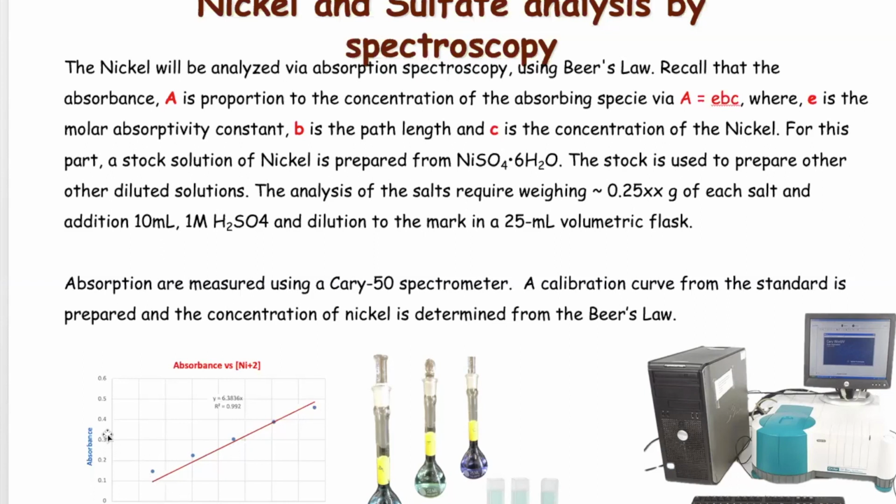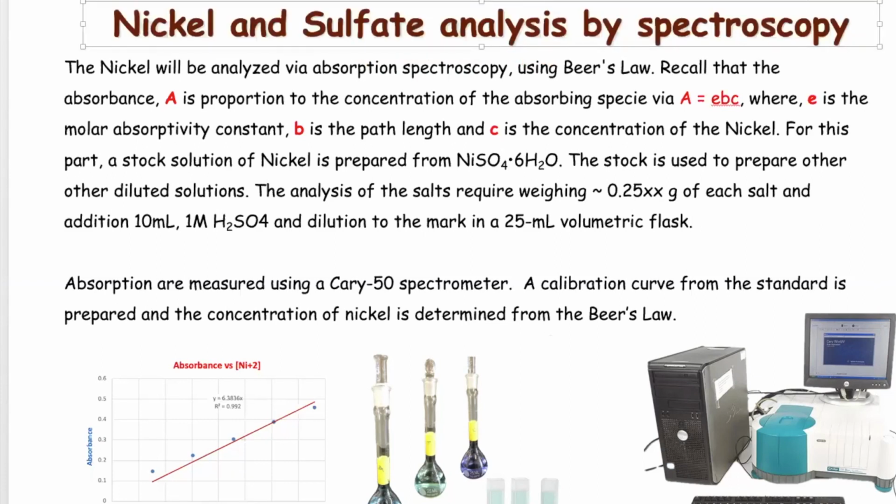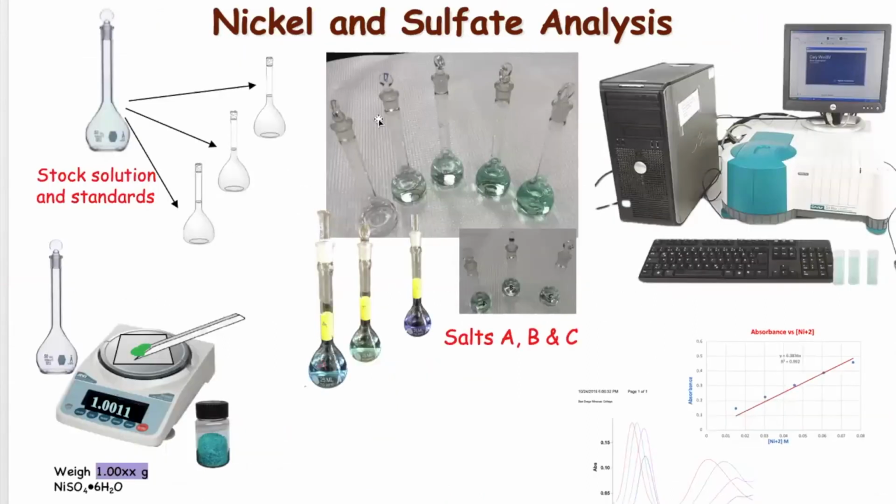What you can do now is you can read the absorbance and back calculate the concentration of your nickel using that calibration curve, or using the equation of the line. Okay, using the equation of the line, you can back calculate the moles or the molarity of the nickel using the calibration curve. So this is the calibration curve that you guys are generating from these standards.